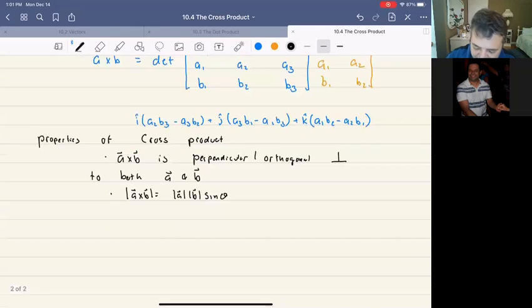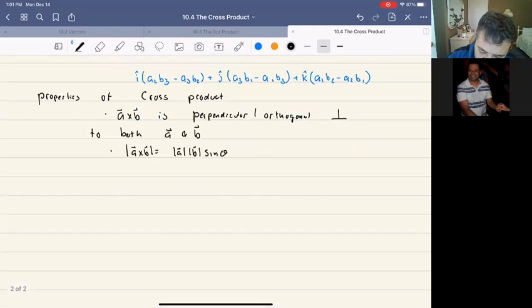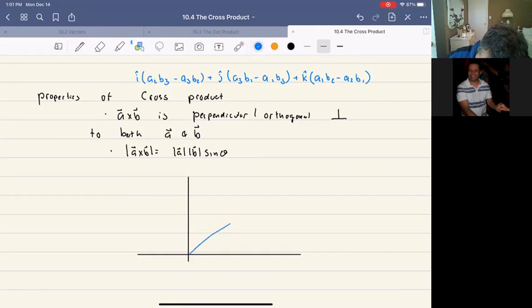Okay, so what this gives us is, let's say we have A and B. What we can do is we can actually say that we can construct a parallelogram.